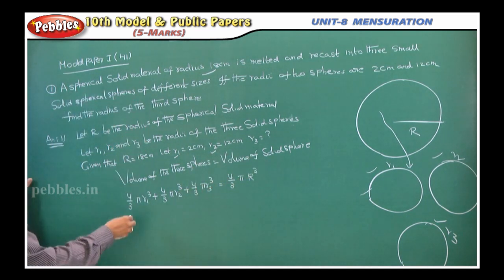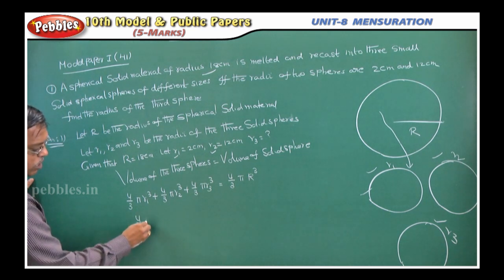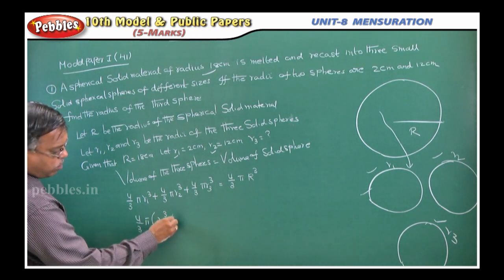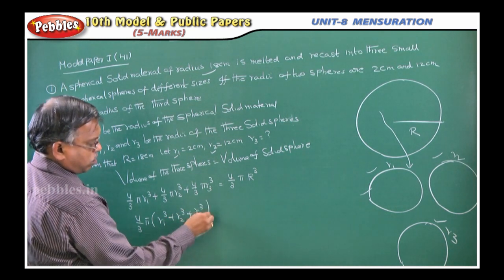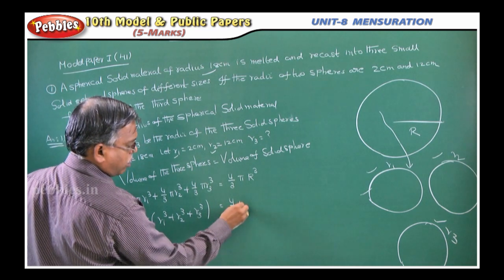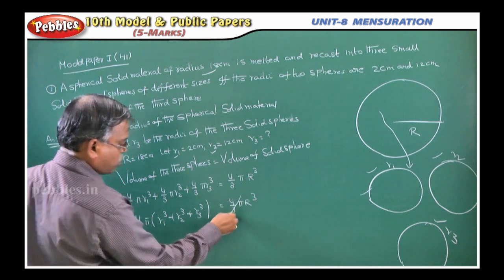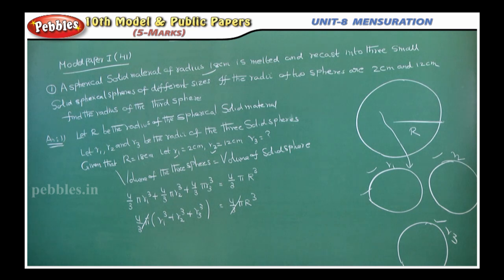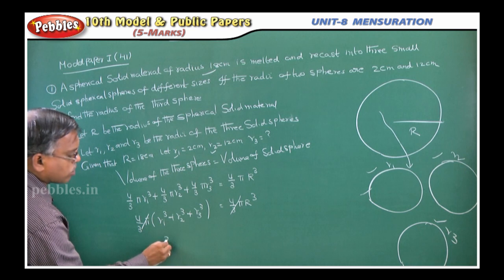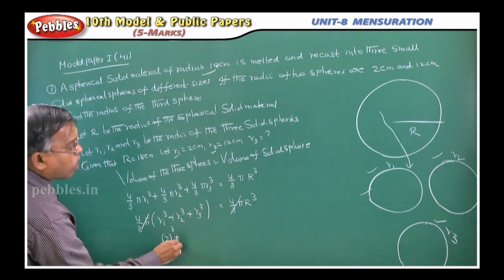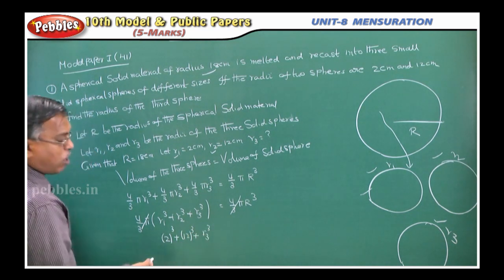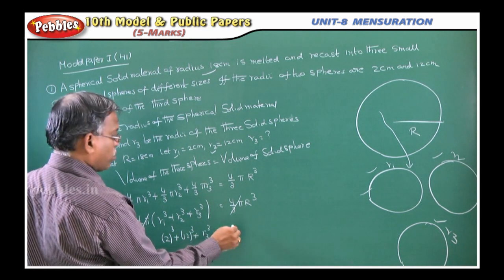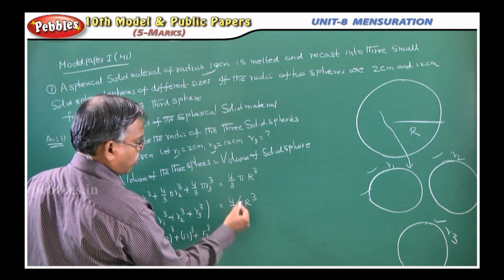Now 4 by 3 pi I can take common because it is there everywhere. r1 cube plus r2 cube plus r3 cube is equal to capital R cube. Now this gets cancelled. Now I need r3. Other values I know, just substitute. r1 cube means 2 the whole cube, plus r2 cube, 12 the whole cube, plus r3 cube, we don't know r3, is equal to capital R cube, 18 the whole cube.